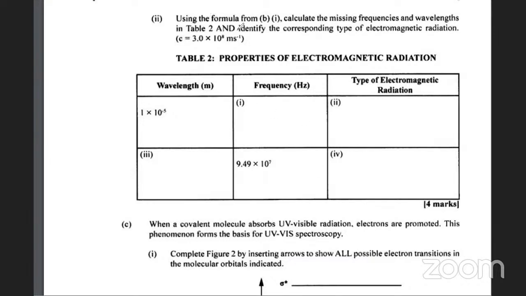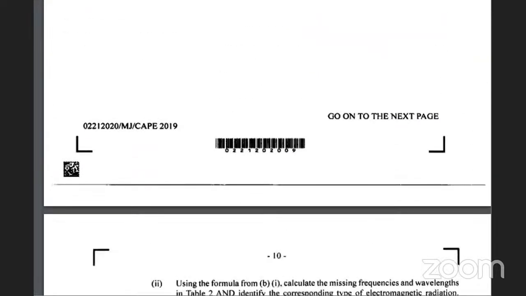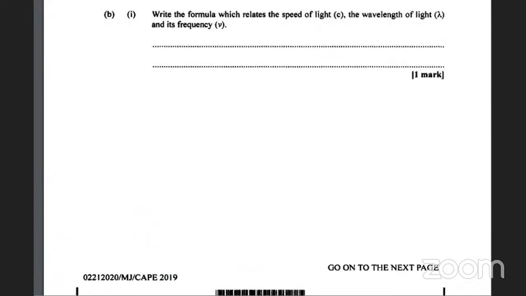Right, so using the formula from B1, what was B1? Oh, so for B1 it says, write the formula which relates the speed of light, the wavelength, and frequency. C is the symbol for speed of light, and it is the wavelength times the frequency.